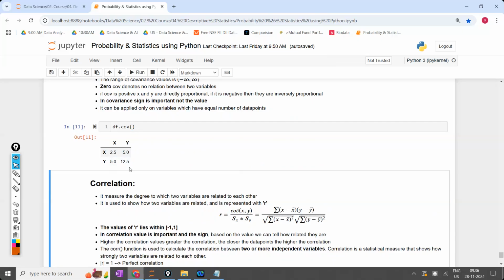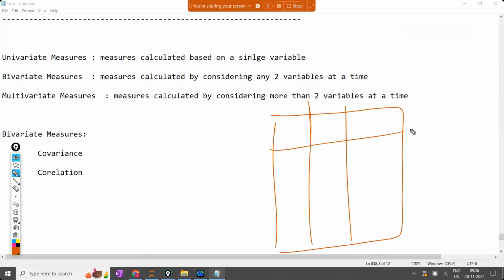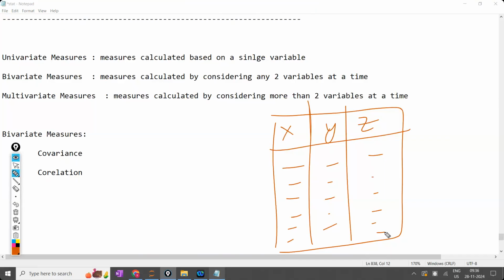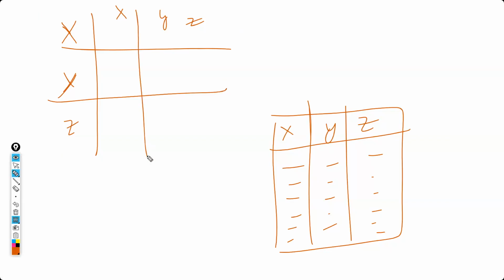Sir, bivariate measures means we have to consider 2 columns. For example, if the given data set has 3 columns, x, y and z, how do we calculate covariance? Covariance cannot be calculated on multiple variables at once; it is calculated by considering 2 variables at a time. So if 3 variables x, y, z are there, you have to create a 3 by 3 matrix.